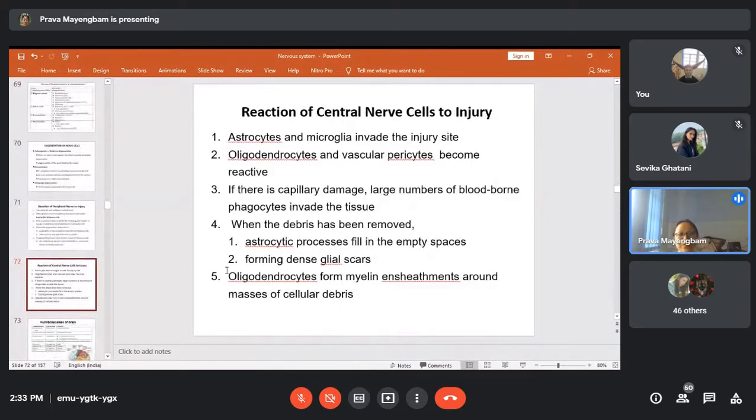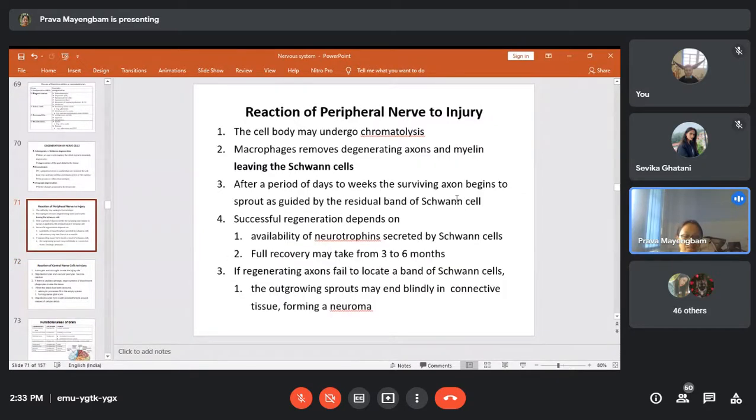But in case of the central nerves, okay, when they are injured, the astrocytes and microglia invade the injury site. Okay, when the peripheral nerves are injured, there will be chromatolysis, and the macrophages will remove the degenerating axons and leave the Schwann cells.